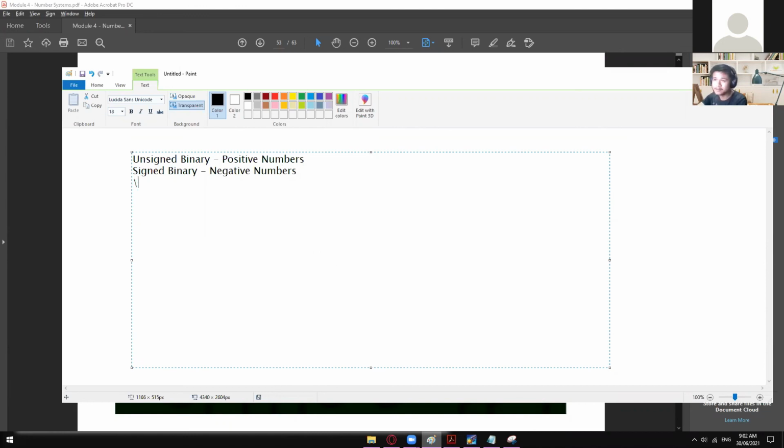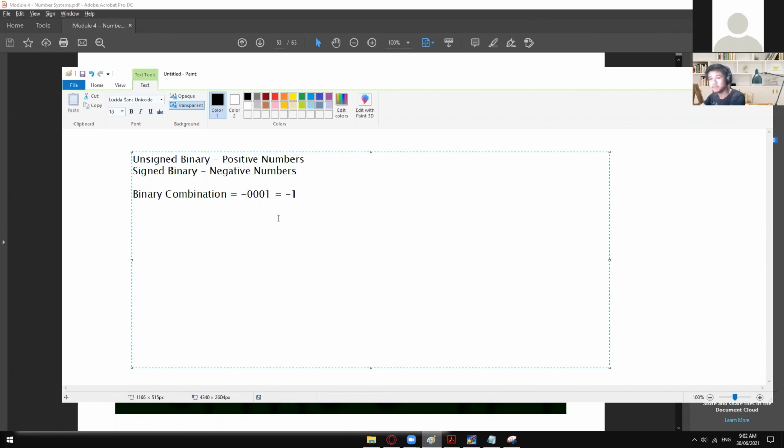And in a binary combination, we cannot say that this one is negative 001 just to make this equal to negative 1 in decimal. There is no way that we can put a negative symbol in there.